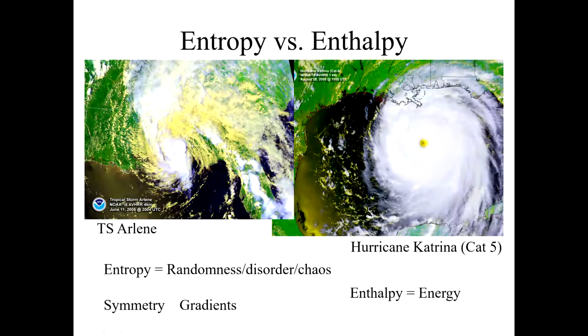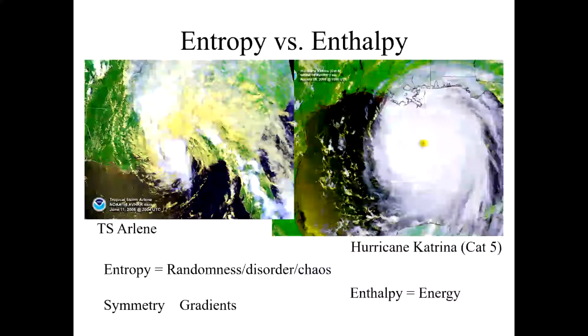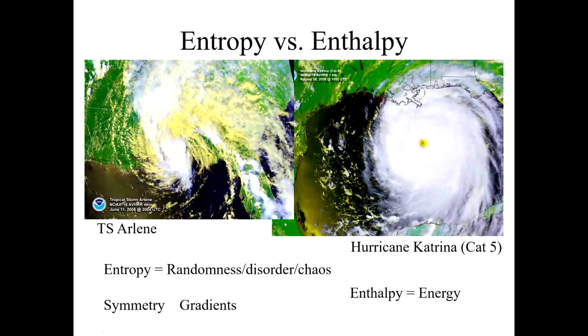How do we know? Well, we talked about the wind speed and the rainfall patterns, but the other way that we could think about this is in terms of things like symmetry. A system that has a lot of symmetry has order to it, and therefore it is not random. It does not have entropy. And you can see Hurricane Katrina here has a very well-defined eye wall. It has a lot of radial symmetry.